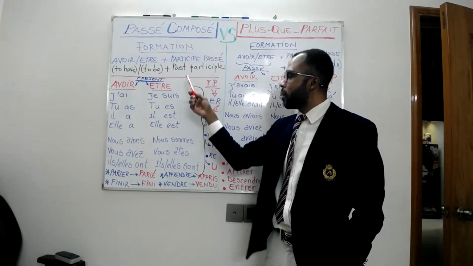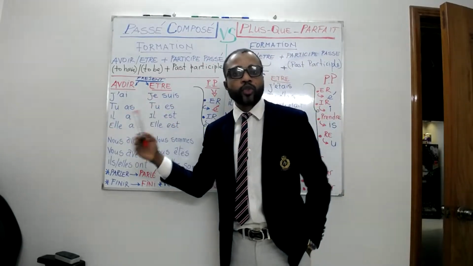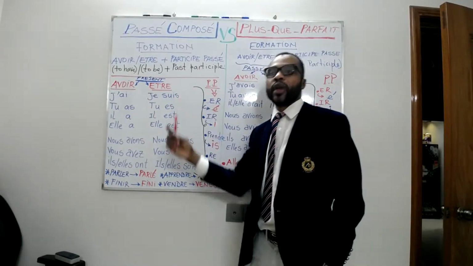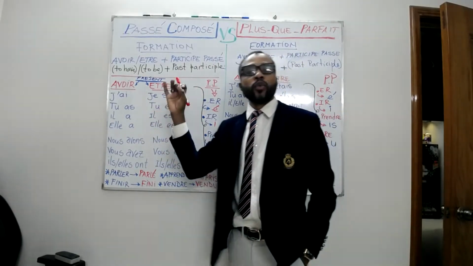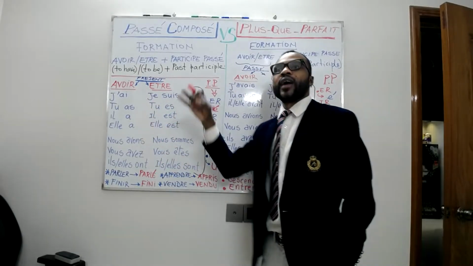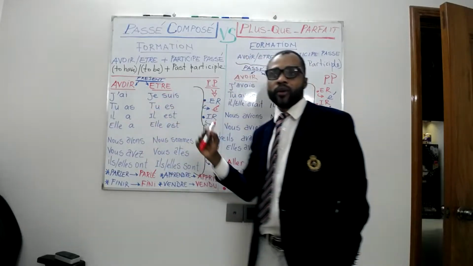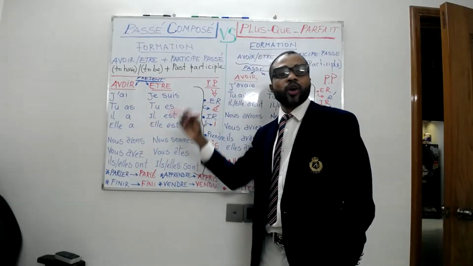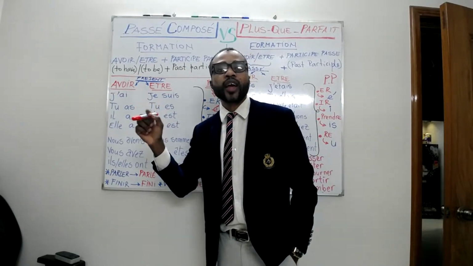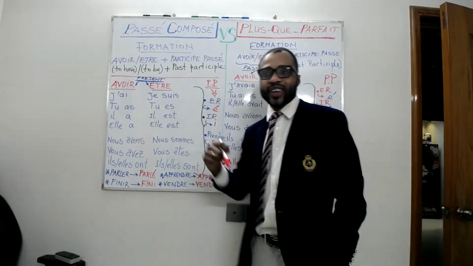If you remember, in English, the past participle of the verb to be is, we say, was and been, so been is the past participle. To do, did and done, so done is the past participle. To go, went and gone.